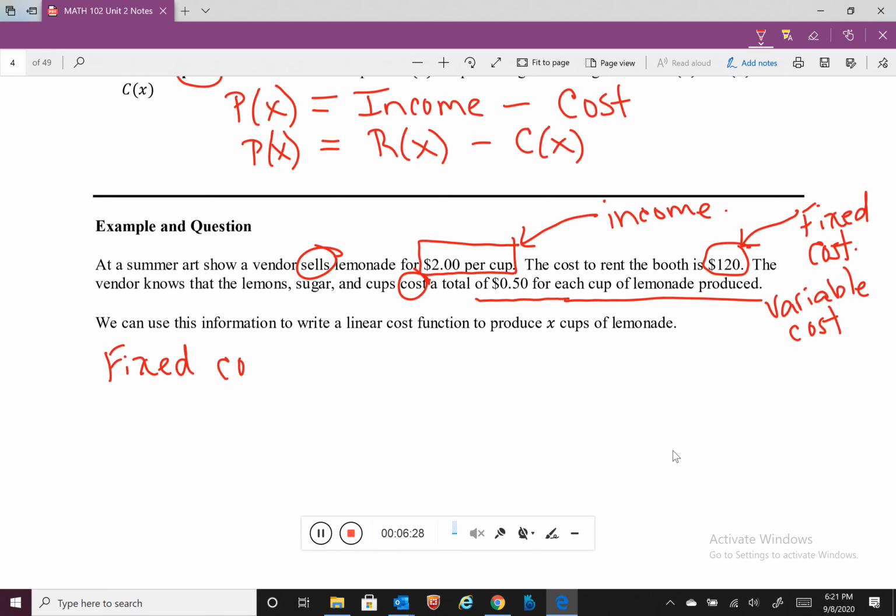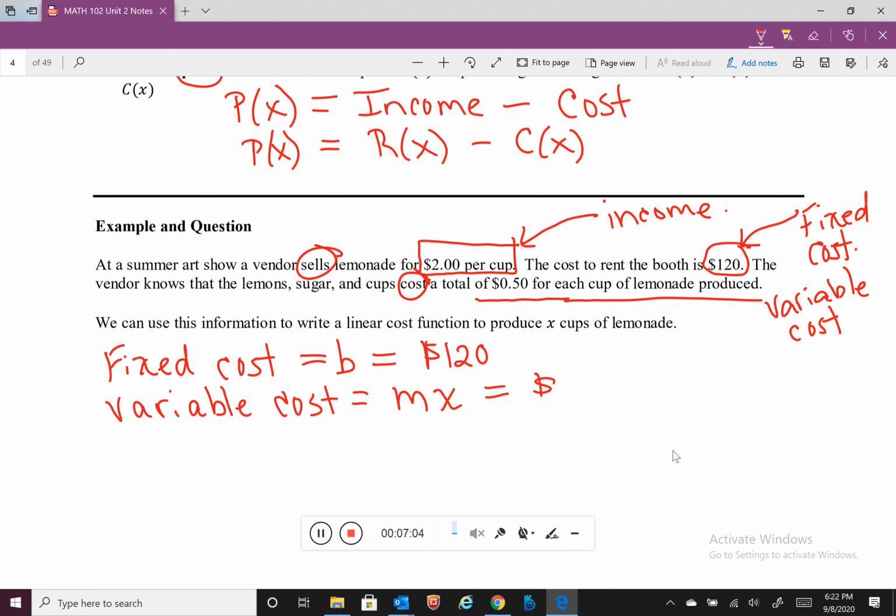Okay, so the fixed cost, remember fixed cost is our variable b, and our fixed cost is $120. Our variable cost is represented by m times x, and m is the amount that it cost per unit or per item, or in this case per cup.